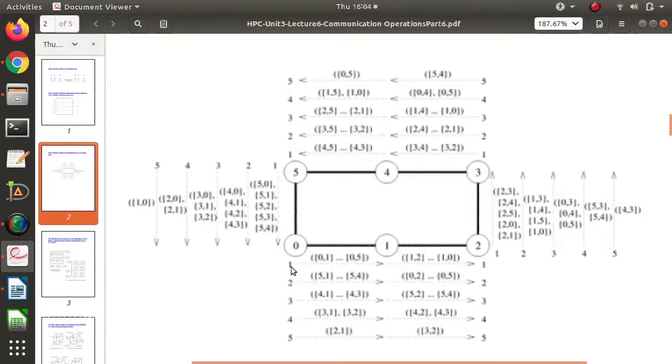So first step will be done parallelly, second step parallelly, third step parallelly, fourth step parallelly, fifth step parallelly, and at every step, for example, 5 node, whatever messages it gets in first step, that will forward to the next step. Whatever message it got in third step, it will keep one message with itself, and the remaining messages it will forward to the next node.